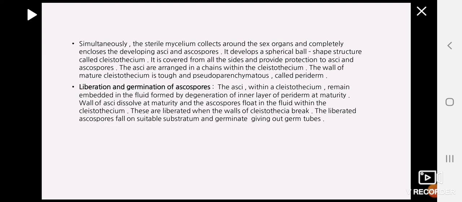The conditions required for the germination of ascospores are moisture and a favorable temperature. So ascospores will germinate when they get suitable conditions, produce a germ tube, and later on form the mycelium. So this is all about reproduction in Penicillium. Thank you.